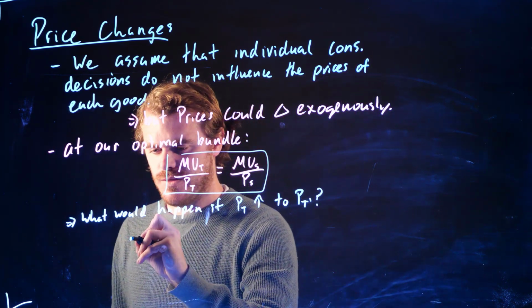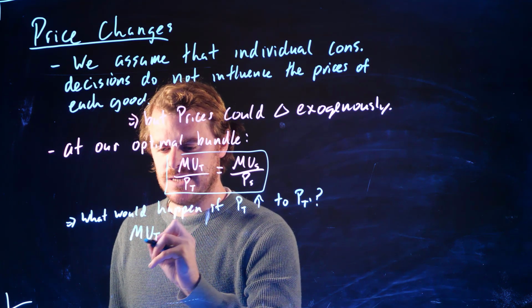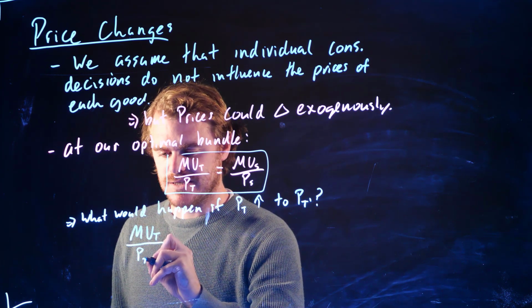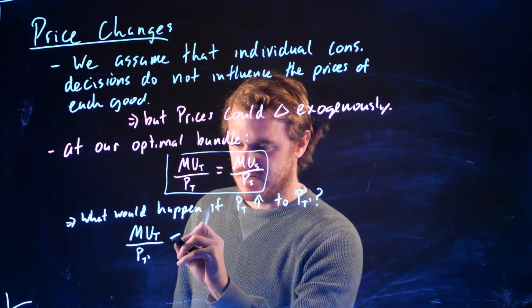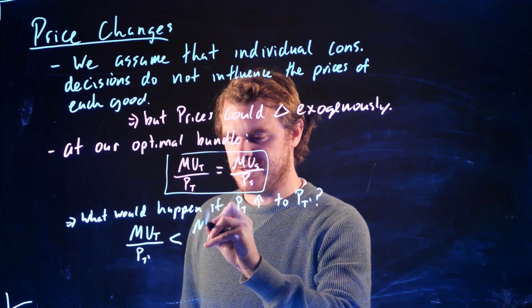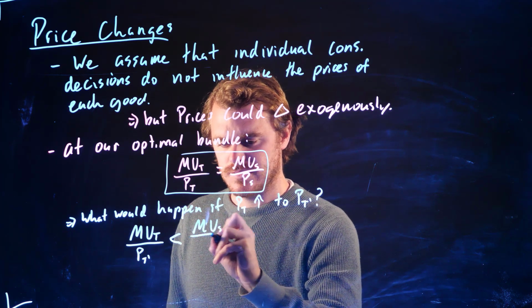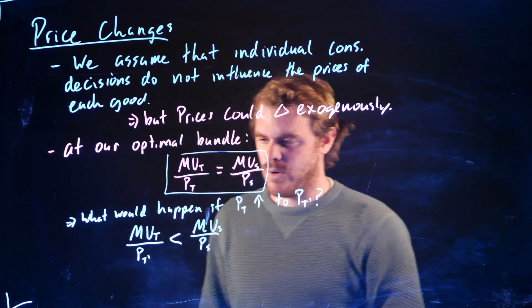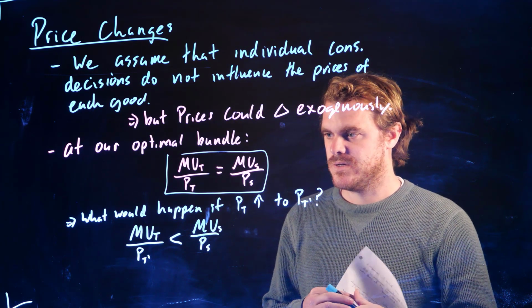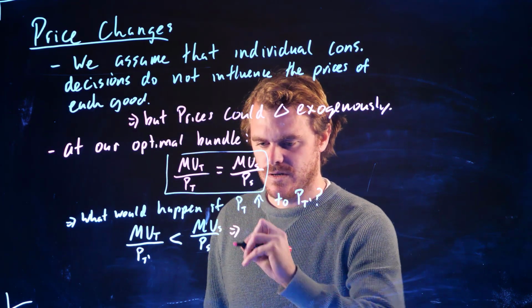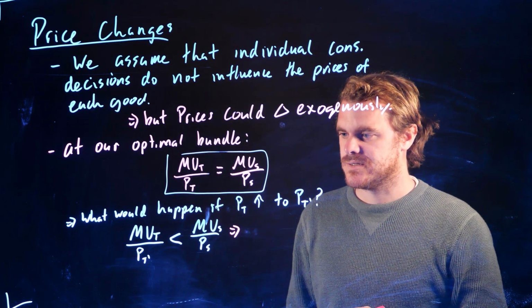Well, the marginal utility of T over the price of T prime, this denominator is getting bigger. So now all of a sudden we're at this situation. We don't have this equality anymore. So how should we react to this?